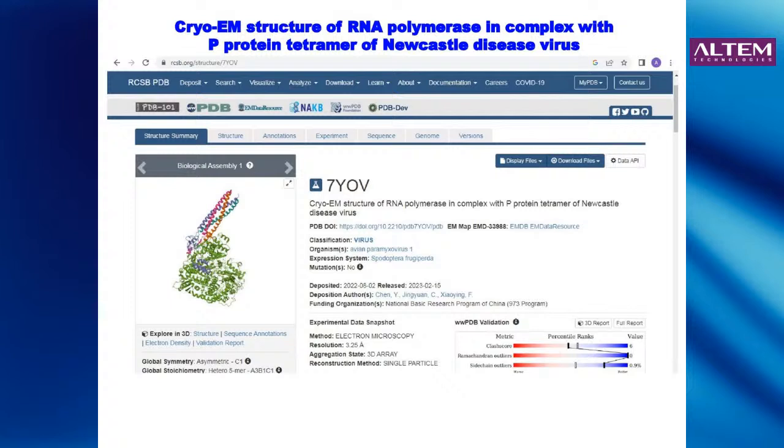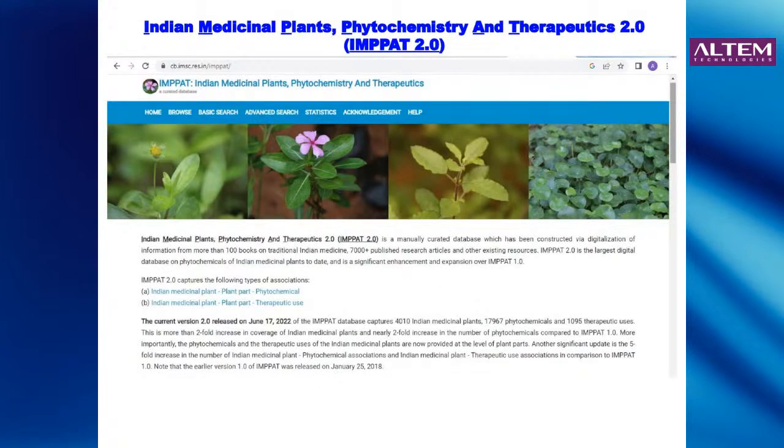A lot of determined structures are available in this PDB database. So fortunately for us, our Newcastle disease virus polymerase protein structure was available in the database at 3.4 Angstrom resolution. So we went there and downloaded this structure.